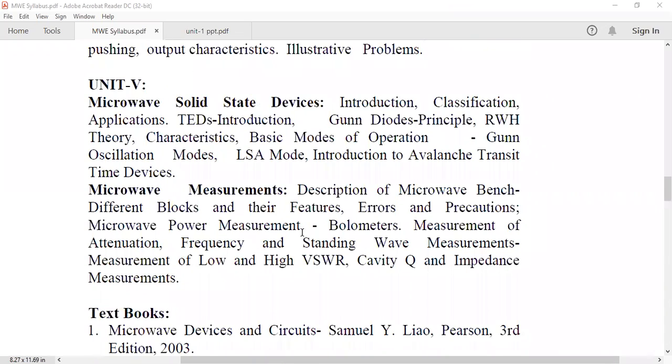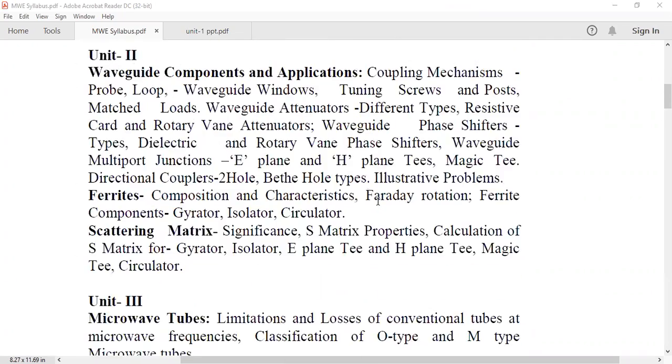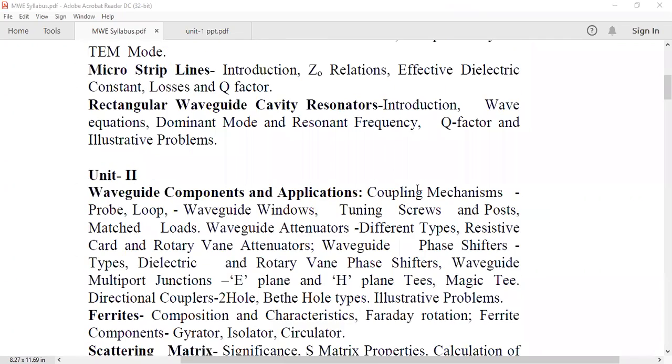In the fifth unit, there are microwave solid-state devices, and the second part is microwave measurements. It is not a difficult subject compared to AWP, it's very easy. The derivation part is much less compared to antennas and wave propagation.